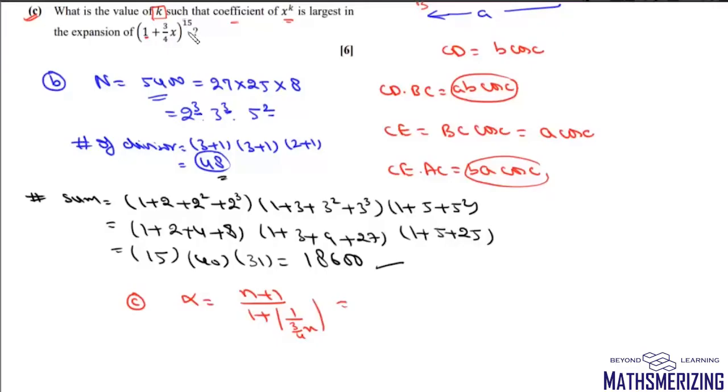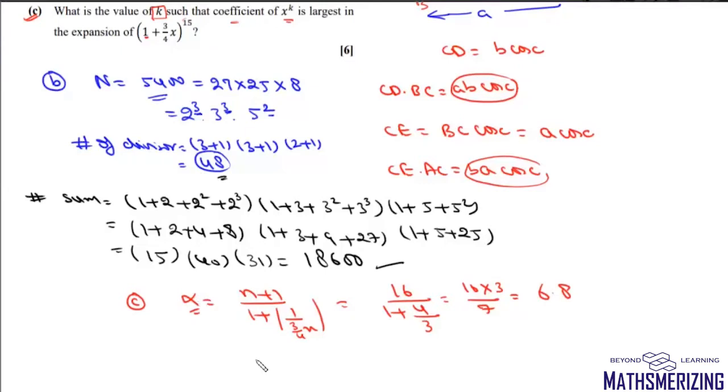Now n here is 15, so this is 15 plus 1, 16, and this is 1 plus 4 by 3, and we need the coefficient of x. So we'll put x as 1, then we'll get 16 into 3 upon 7 and it'll be 6.8 something.